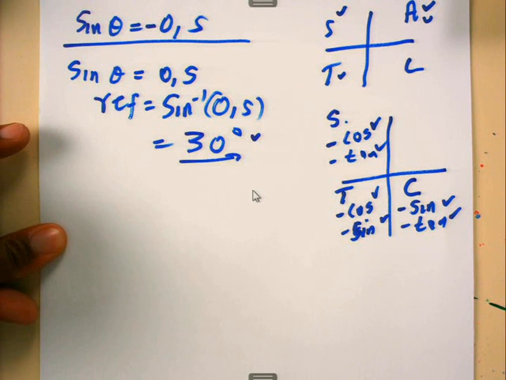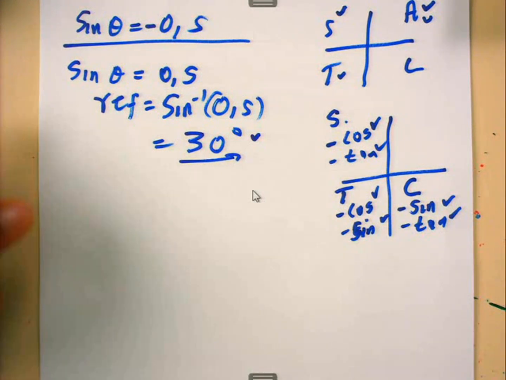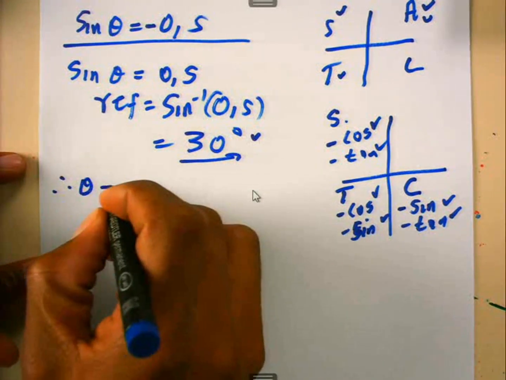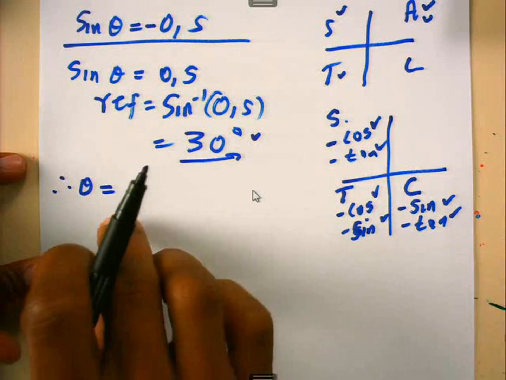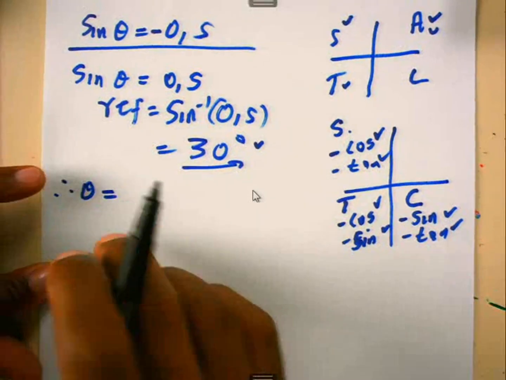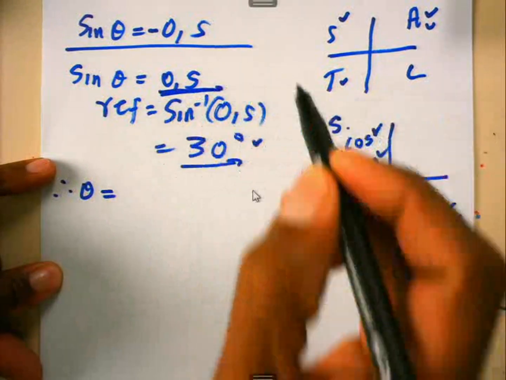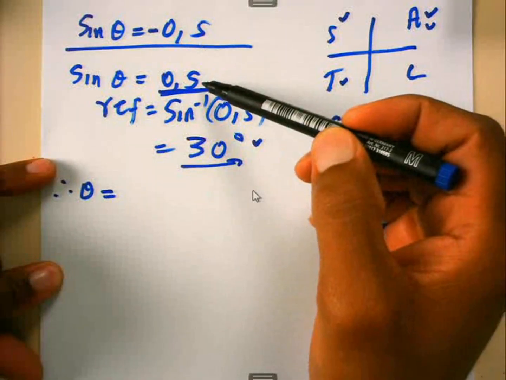The question said I must solve for theta. I must find the value of theta. Now, what is the value of theta? I say, therefore, theta is equal to. Before I write down the solution, it's very important to go back to the ratio. I check the ratio: is it positive or negative?